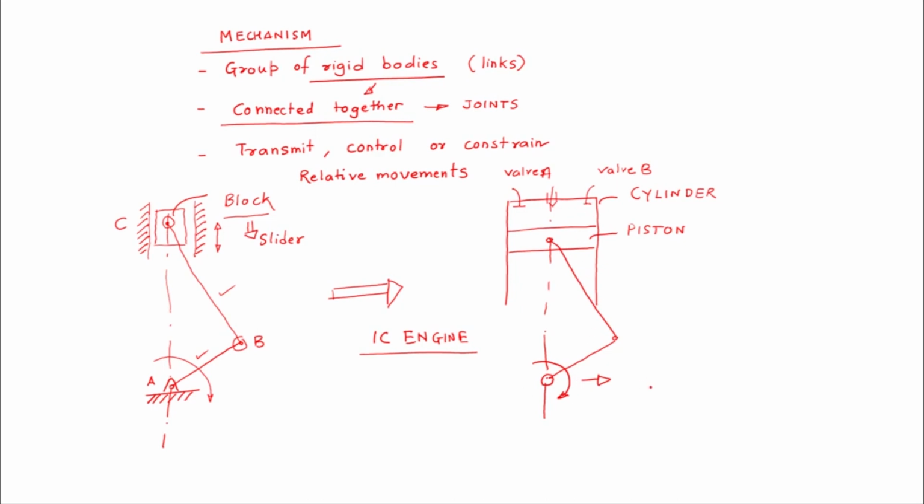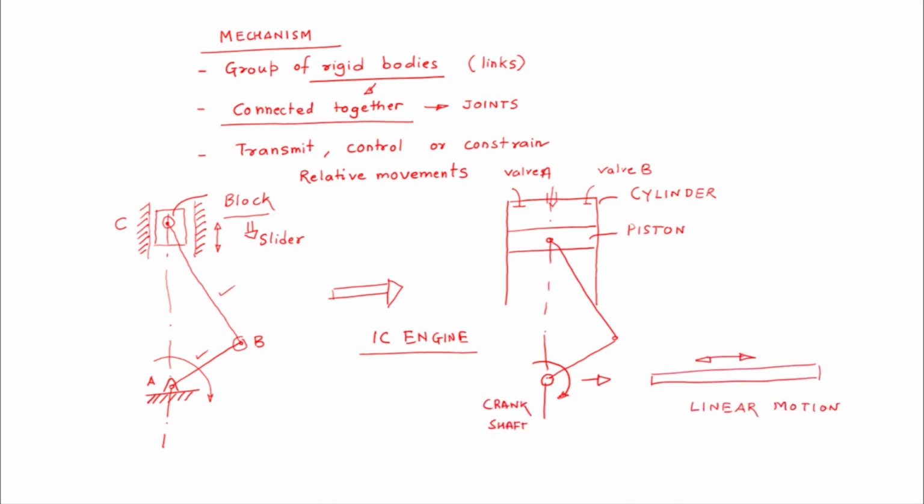This rotary motion we need to further utilize for our intended application. Consider this shaft is connected to another equipment, but there we need the linear motion. So we need to convert the rotary motion of this crankshaft into the translatory motion.